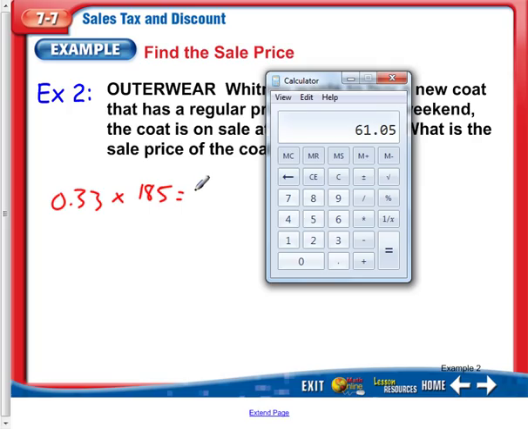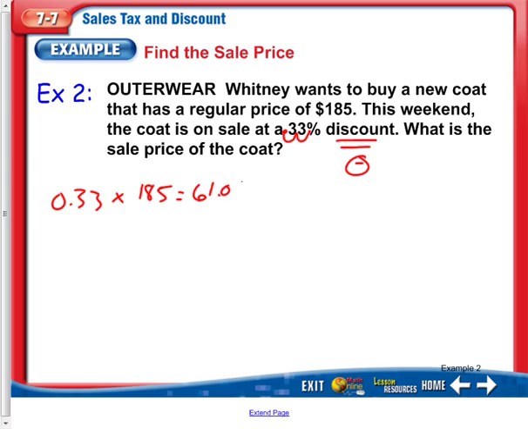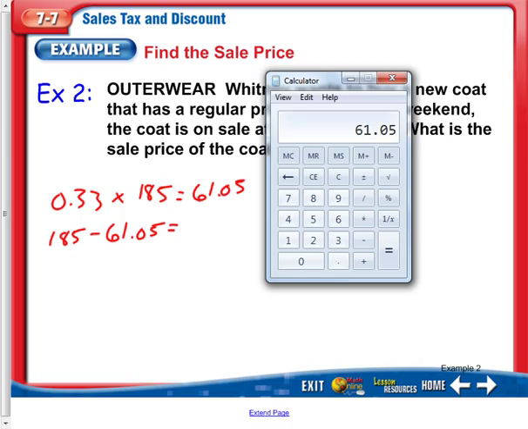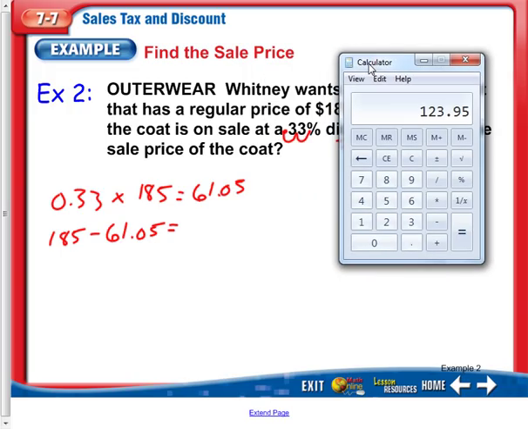That's a pretty nice discount. And now we want to take that original price, $185, and subtract the discount of $61.05. And so then we'll be able to find out what the actual price was. So for the coat itself, we're actually going to have to pay $123.95.